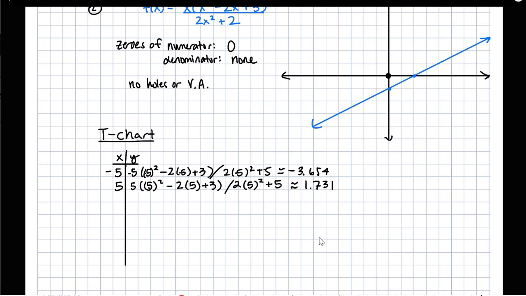So at -5, we were at -3. So we were here, and then a little bit more than that, so we were down here, slightly below. And then for 5, we're at 1.731.